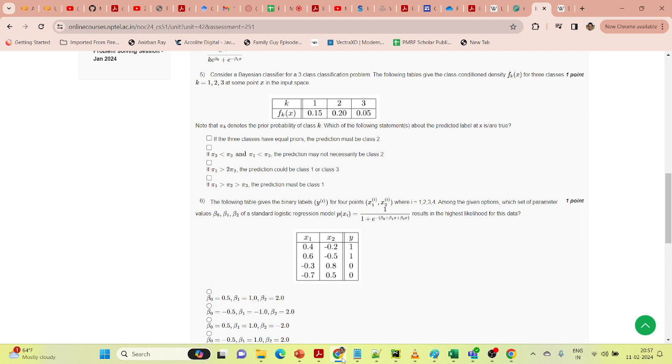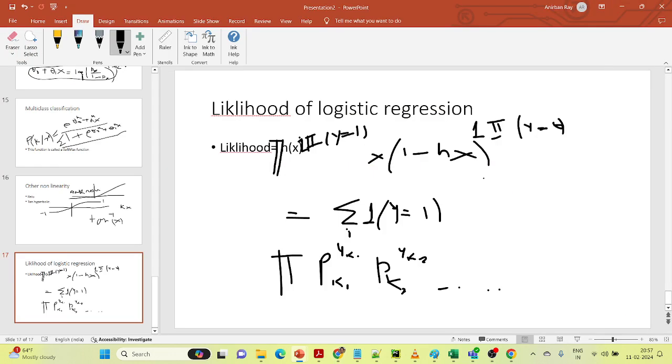The prior probability is already given, the probability of class K. If all three classes have equal prior, meaning there is no preference in them occurring, then it is only the likelihood that matters.